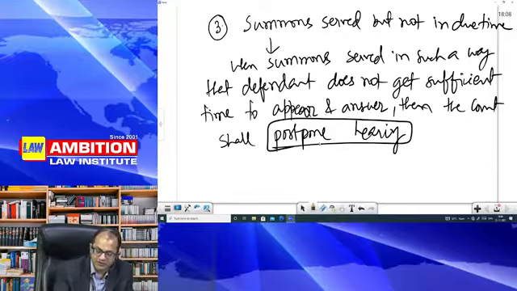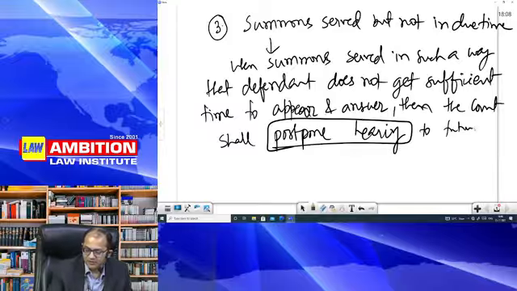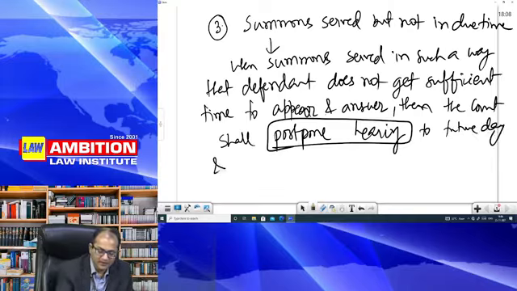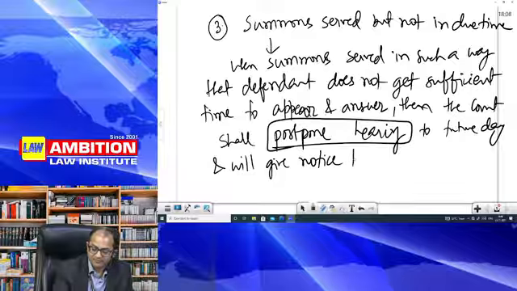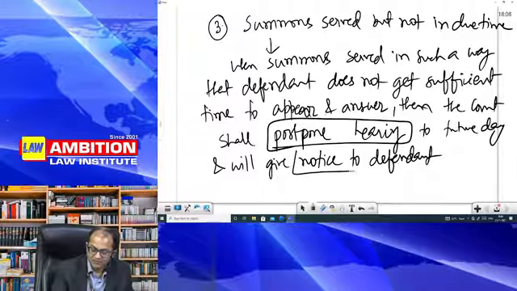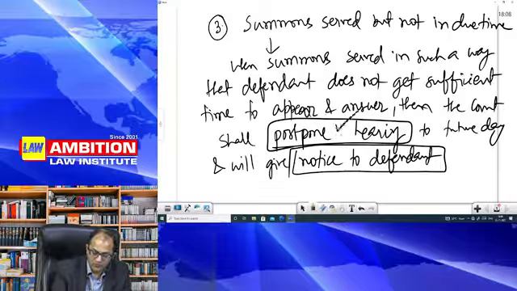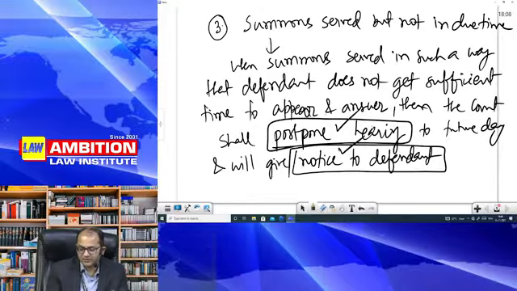Postpone hearing, this is the crux. On a future day to be fixed by the court, and shall give notice of such day to the defendant. Postpone hearing to a future day and give notice to the defendant.